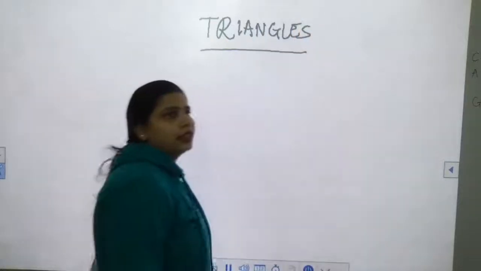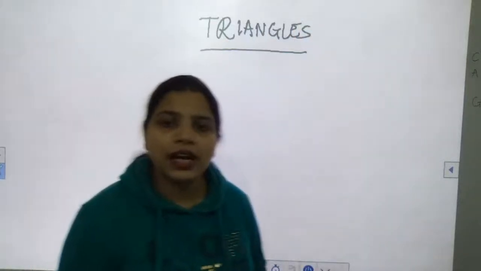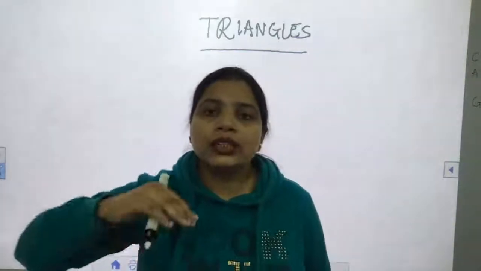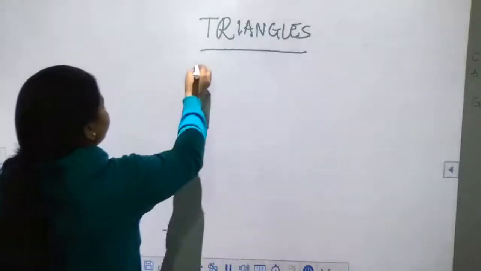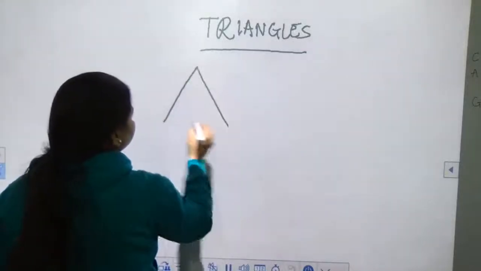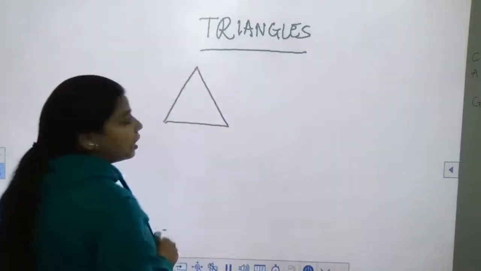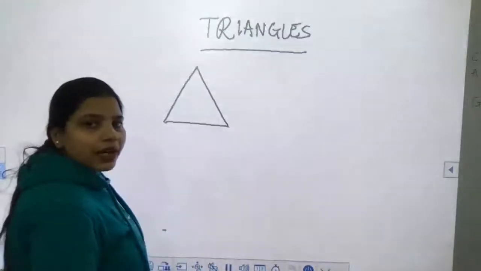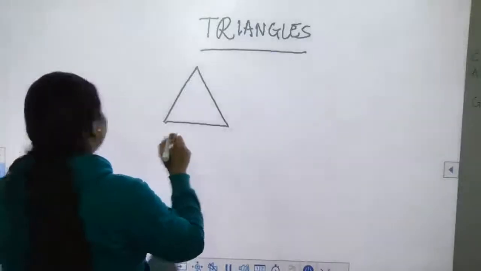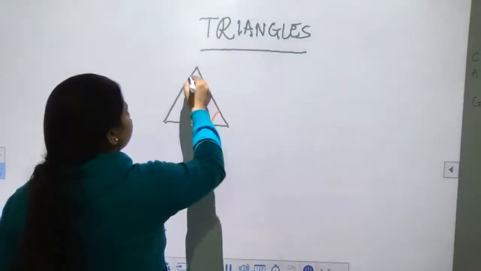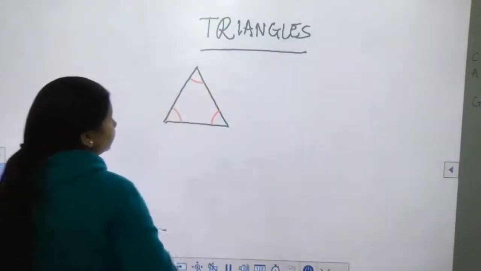What are triangles? Triangles are polygons with 3 angles. That means if we draw this shape, this is nothing but a triangle. A triangle has 3 angles which are 1, 2 and 3.